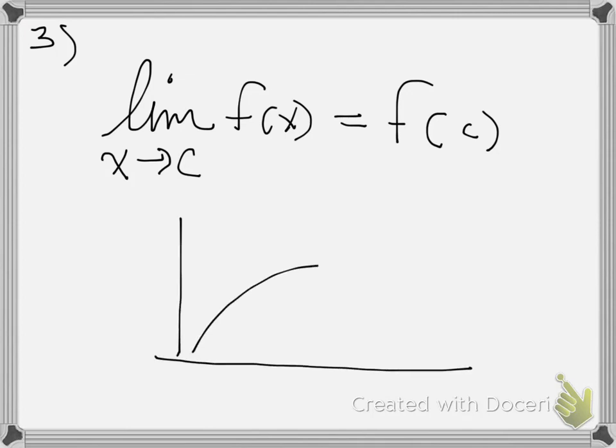But let's think about our function with a hole in it. Here's c. What if f of c was a point down here? Okay. Here, the limit exists. F of c is defined, but the limit doesn't equal f of c. It equals some other value up here, whatever you wish to call that.